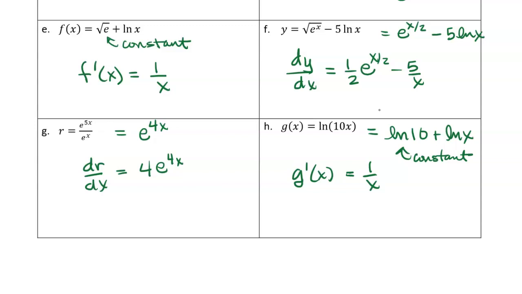We have natural log on the outside, and it has a 10x inside of it. So it's really the composition of two functions, and we're going to learn something called the chain rule to be able to do that. But we don't actually need that here, because we can use the properties of logarithms and separate those two things out into the natural log of 10 plus the natural log of x, and then take the derivative.